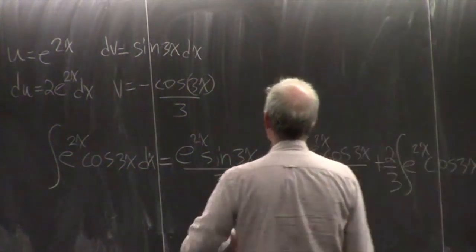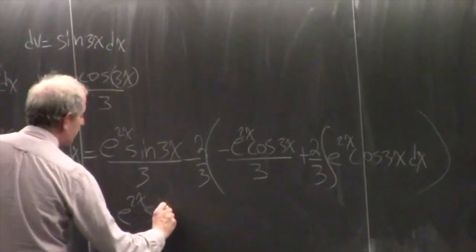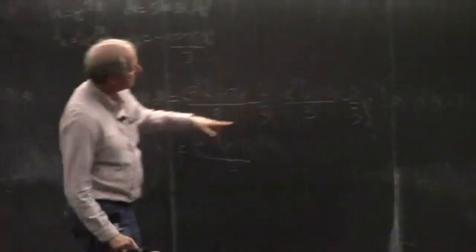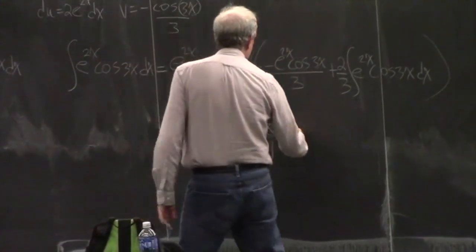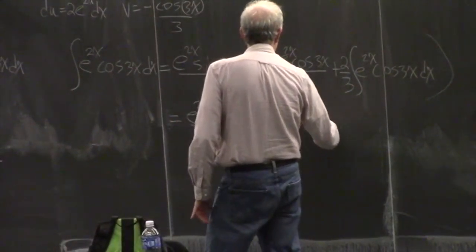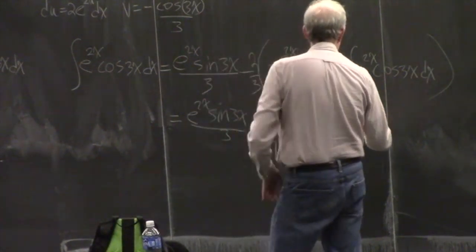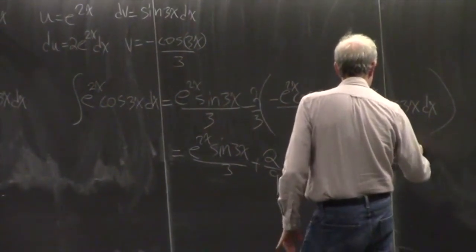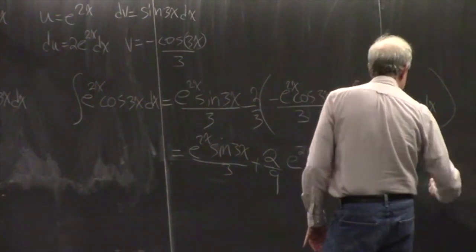So this becomes e to the 2x sine 3x over 3. Minus minus becomes plus 2/9 e to the 2x cosine 3x minus 4/9 integral e to the 2x cosine 3x dx.